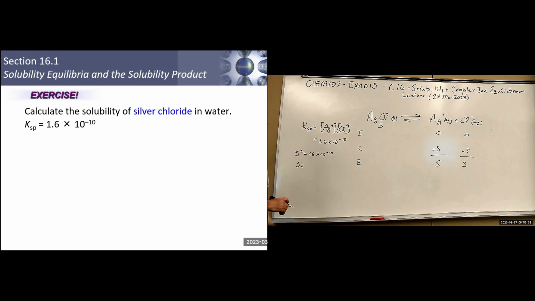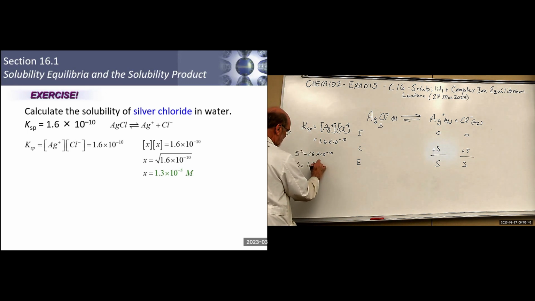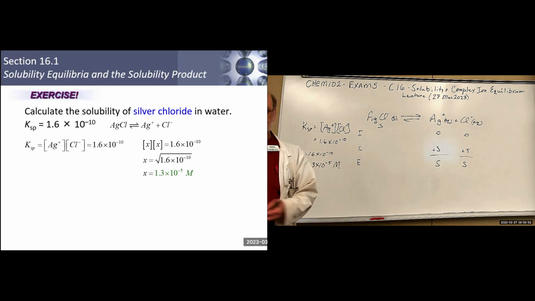S equals the square root of that. Let's see, maybe I've already done it up here. There we go. 1.3 times 10 to the minus 5 is the solubility, and this is in molar.